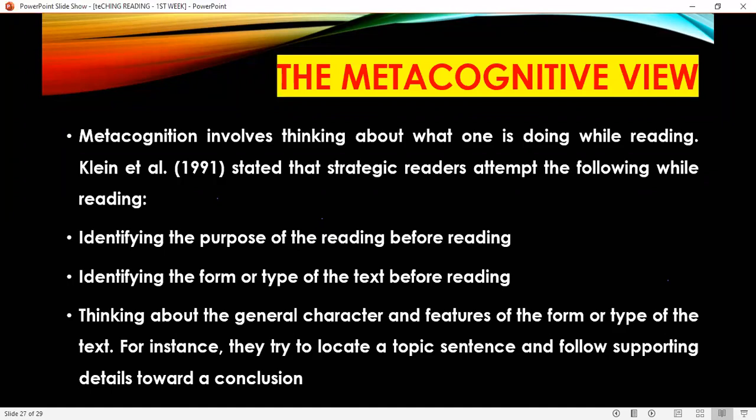I don't know if you have heard about this term before, topic sentence. Do you know what it means? For example, here it says, readers try to locate or to find a topic sentence and follow supporting details toward a conclusion. Do you know what it means? Topic sentence? What is it?